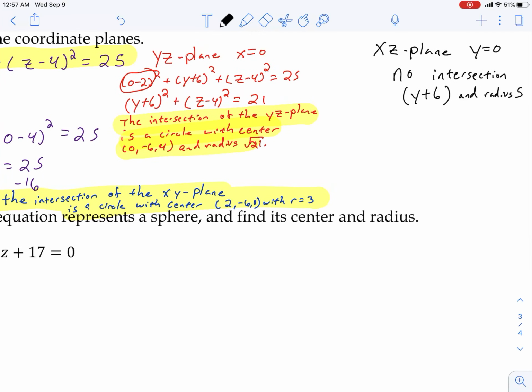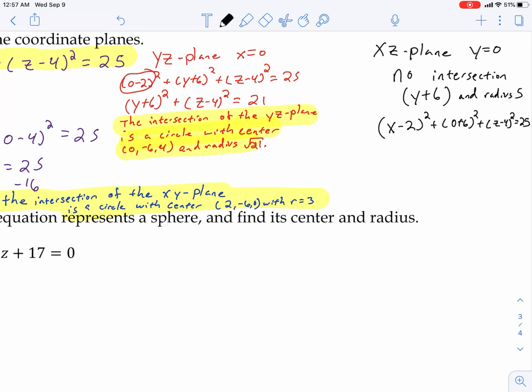Again, you can substitute in your values, but if you did substitute in your values, I'll do that real quick. x minus 2 squared plus 0 plus 6 squared plus z minus 4 squared equals 25.